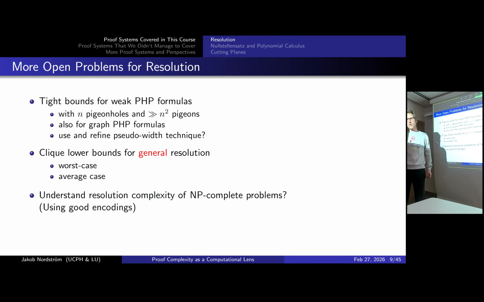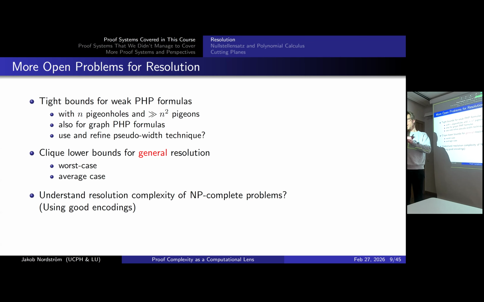You have to be a bit careful though, because you can do it by cheating. Sometimes if you make your encodings evil enough or just naive enough, then you get lower bounds for the wrong reasons. For instance, for a Hamiltonian circuit, if you're not careful, then you can have an encoding where you write down which vertex you're visiting at which time, and now you just say that I visit all vertices in half the time, and then you will basically map 2n pigeons to n holes.